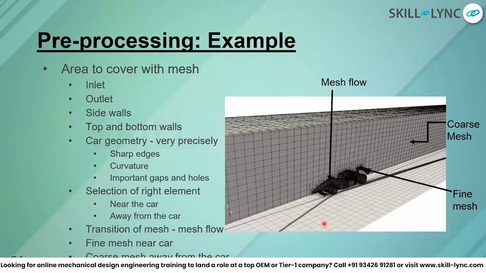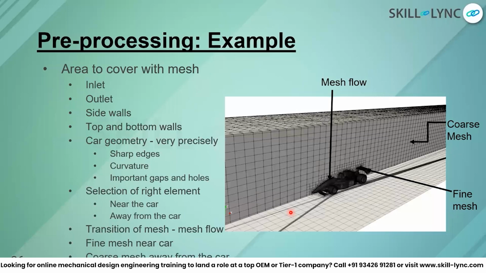The most important parameter of pre-processing in meshing is: are you able to capture the geometry properly? Capturing geometry properly doesn't just mean capturing all the edges and curvature. It means, are you able to retain the geometry as it is after the meshing, like the CAD? Any distortion or variation in the CAD after meshing should never happen.